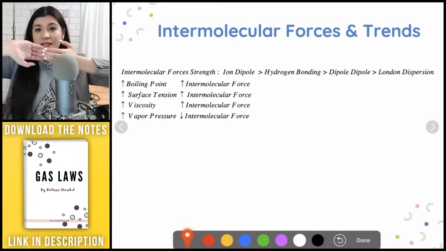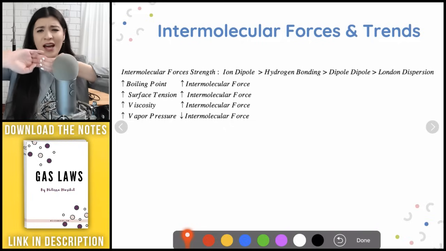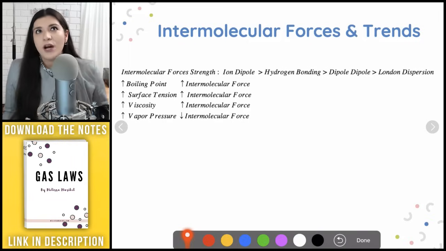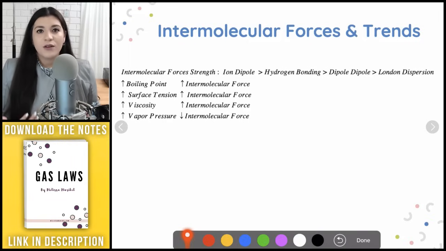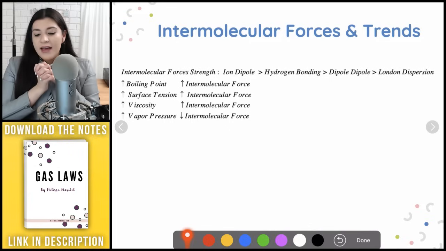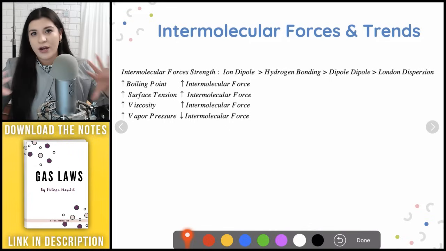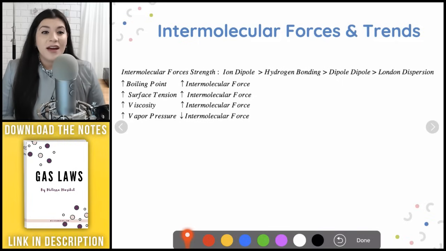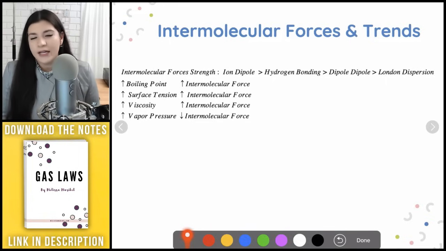But if this is a really weak force and isn't connected so much, maybe like London dispersion, then it's not going to take much of a boiling point or much heat to separate these two from each other. So that's how I remember it: if I'm trying to boil something and the intermolecular forces are so strong, meaning they're so bound together, then it's going to require more heat to separate it apart. So it's a higher boiling point. And vice versa. If it's really, really weak, like just London dispersion, it's going to take a much lower boiling point or heat to separate it.